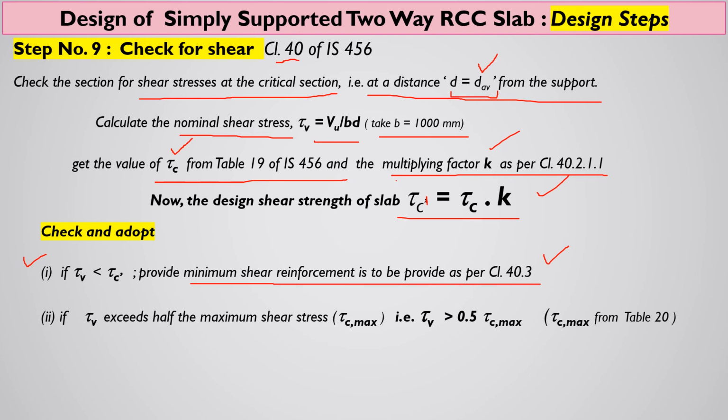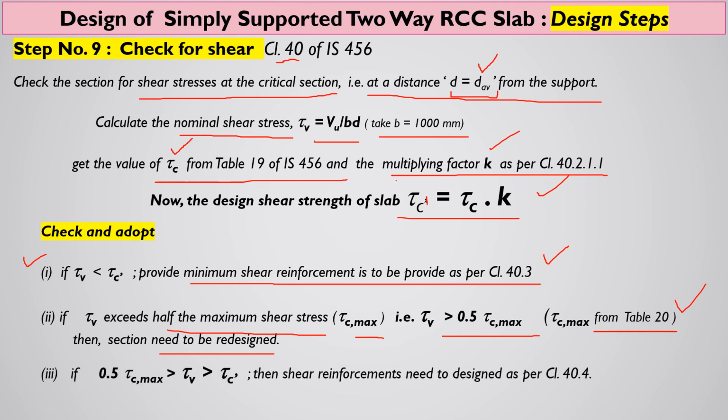And the second condition, again, as we have discussed in the one-way slab also, if tau v exceeds the value of tau c max, and tau c max we will be getting from table number 20. So based on the codal guideline, you have to check it. If this happens, then the section may be required to be redesigned.